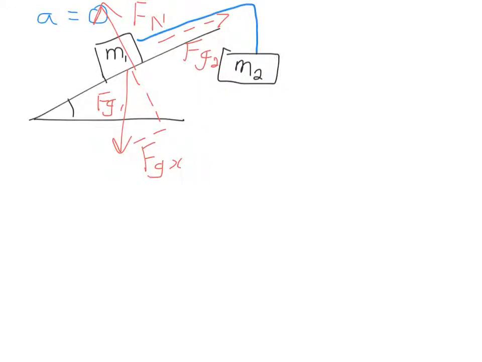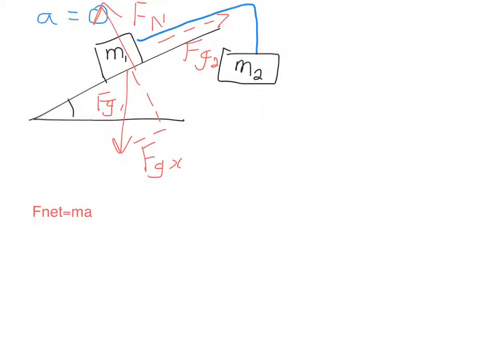So now when we start taking a look at the mathematics, I want to figure out what this all is. Okay, so we start off with our two equations. We've got F net equals MA.